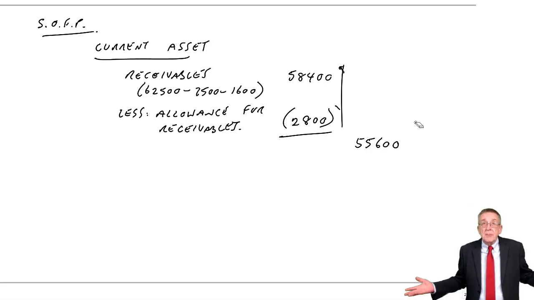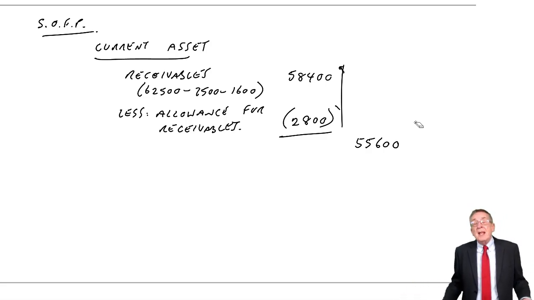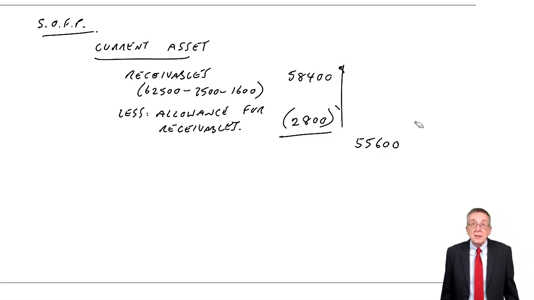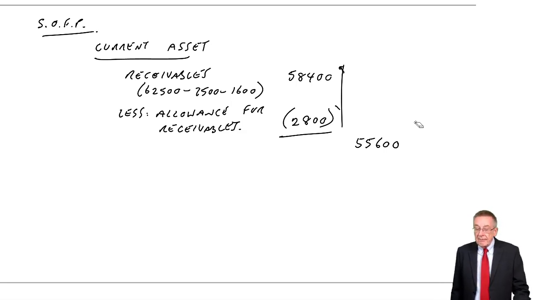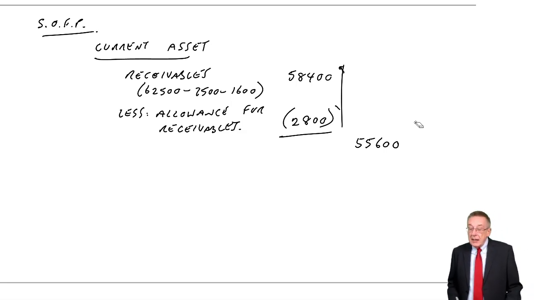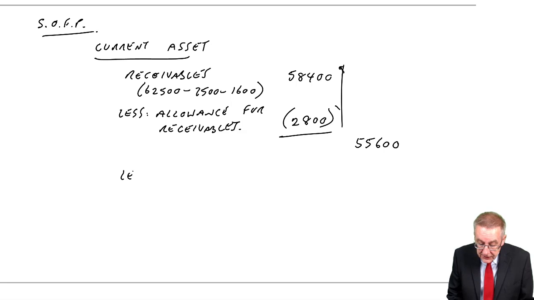I can't see any particular problem, but I know that on average, 4% of them are never going to pay me. And so to be extra safe, I'll subtract an extra 4%.